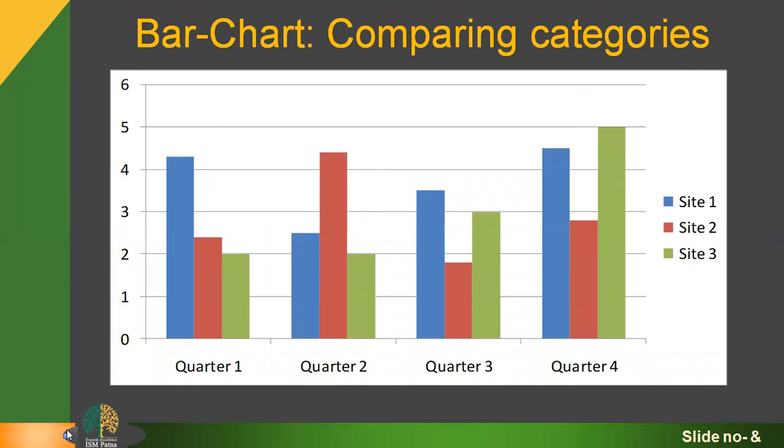Bar chart comparing categories. Suppose we have three offices of a company, site 1, site 2, site 3, and their sales figures have to be compared for quarter 1, quarter 2, quarter 3, quarter 4. So for company site 1, blue color is selected, site 2, maroon, and site 3, green.